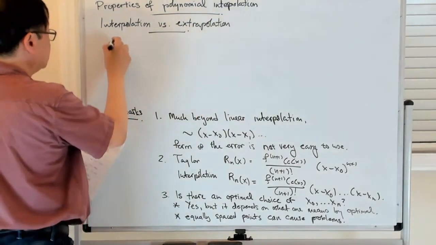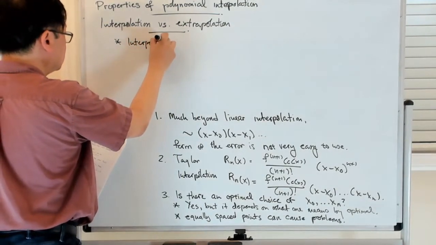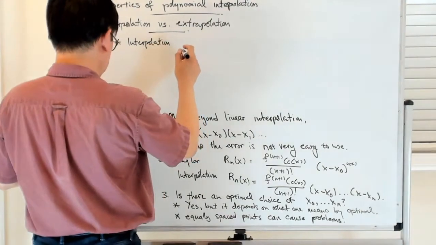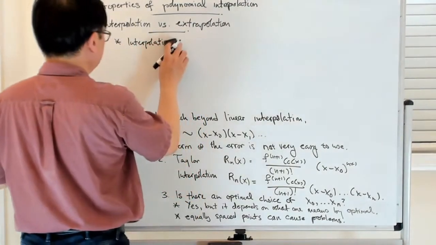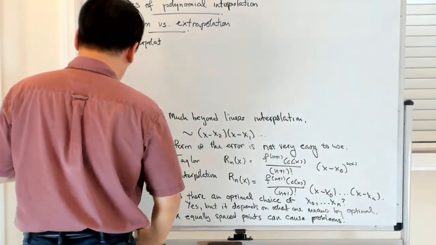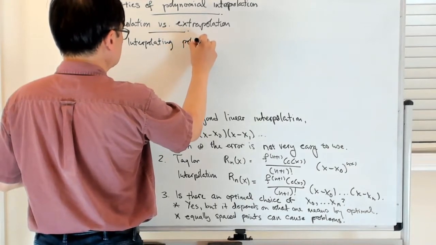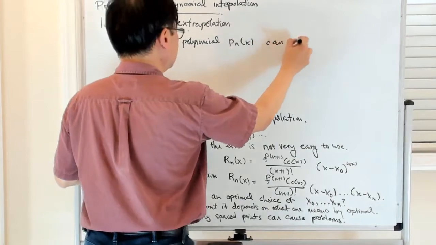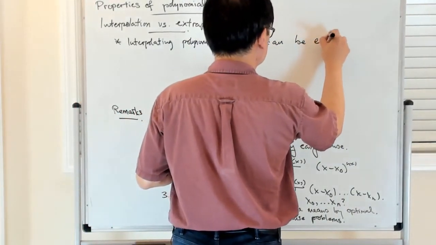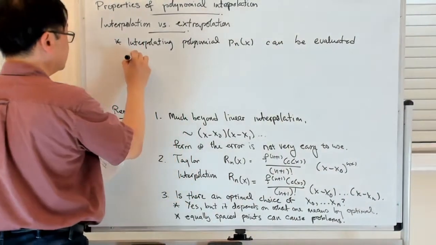The interpolating polynomial Pn of x can be evaluated at any value of x.